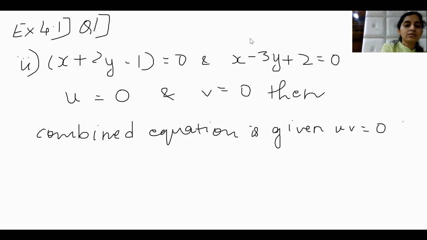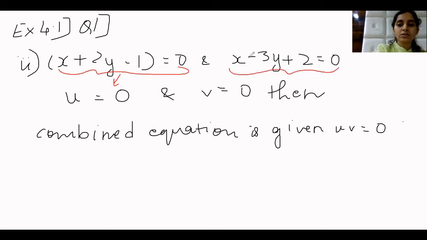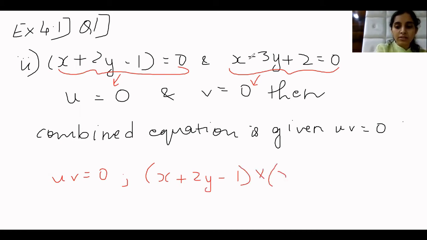So let us say that this is your first equation, which is u, and this is your second equation, which is v. So uv equal to 0 will be what? Multiplying x plus 2y minus 1 into x minus 3y plus 2 equal to 0.